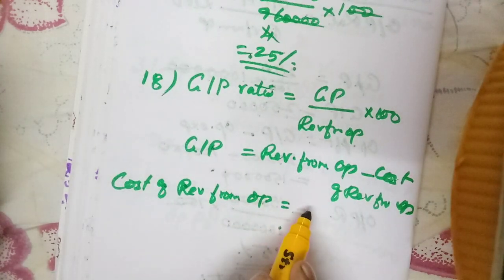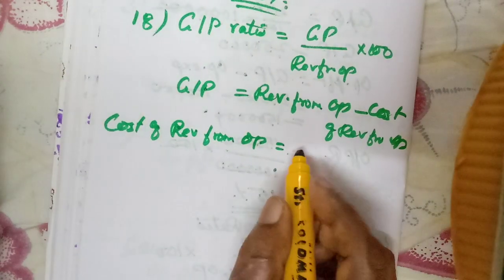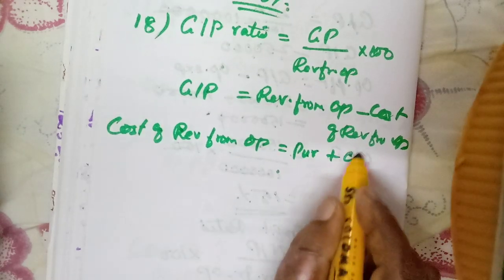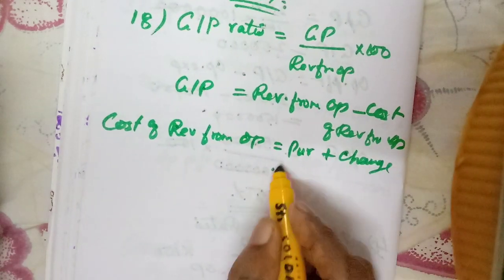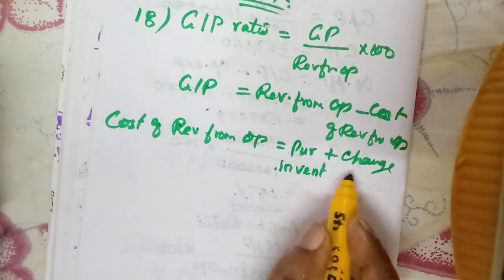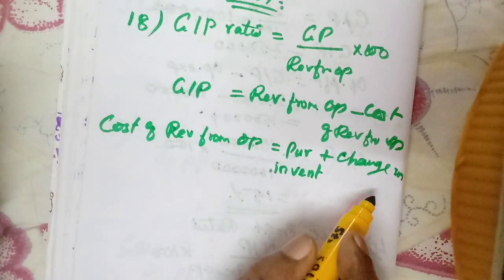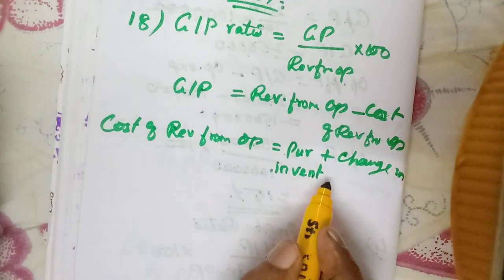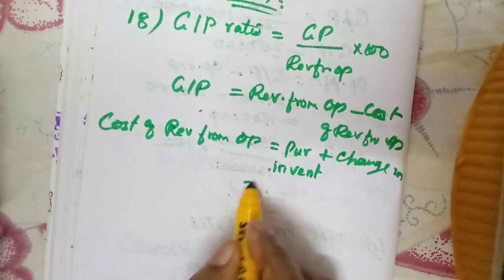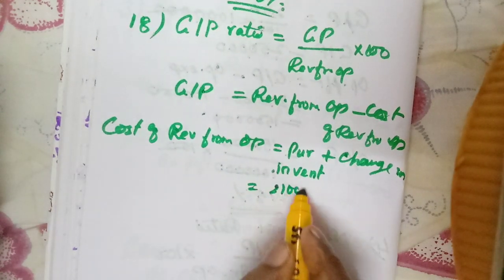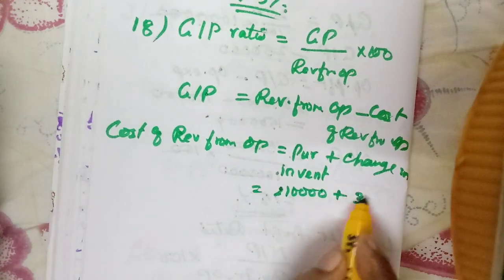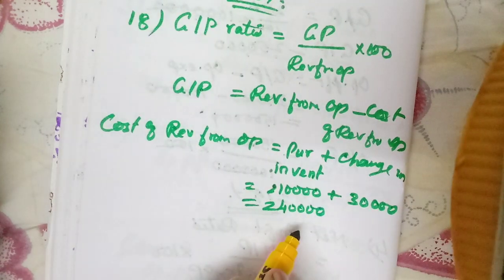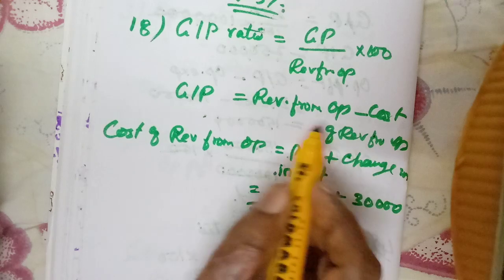I have told you, the purchases plus change in inventory. Any explanation given? No. Then direct expenses not available, isn't it? So purchases how much? 2,10,000 plus change in inventory 30,000. So 2,40,000. So cost of revenue from operation we have got.